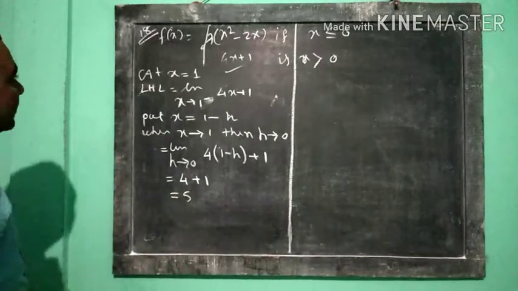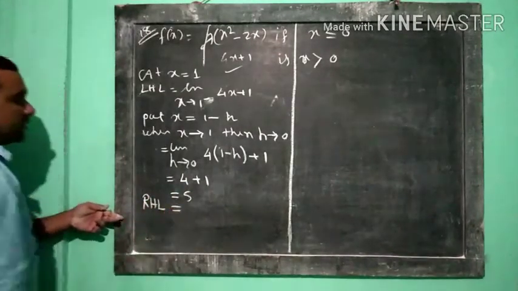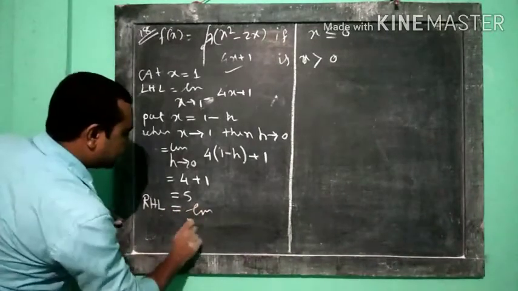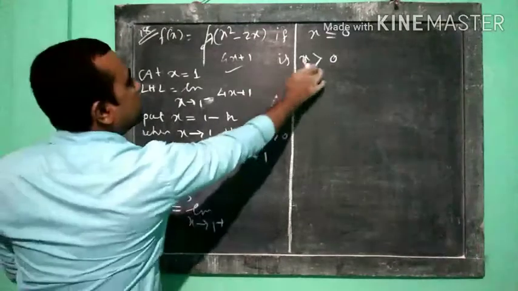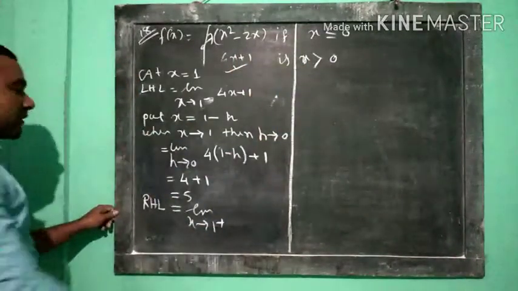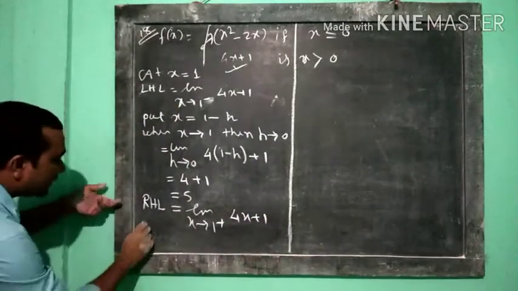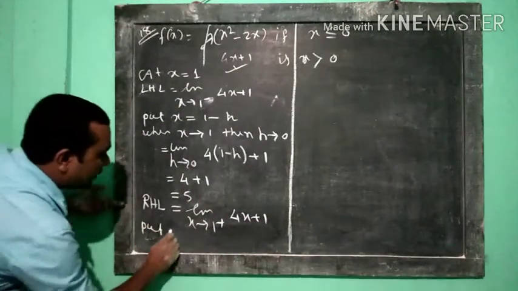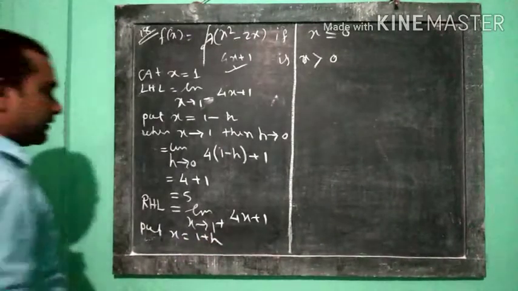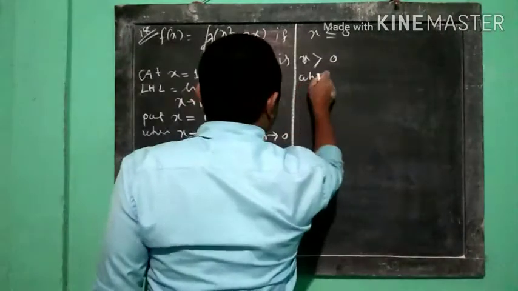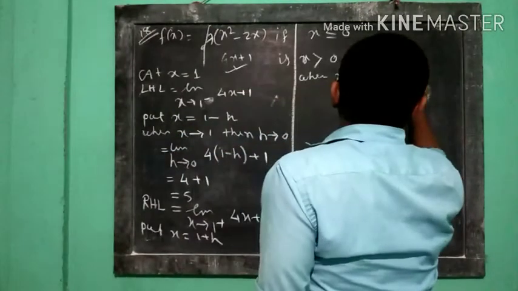Now we are going to find the right hand limit. Right hand limit equals limit x tends to 1 positive. It takes 4x plus 1. Put x equal to 1 plus h. When x tends to 1, then h tends to 0.